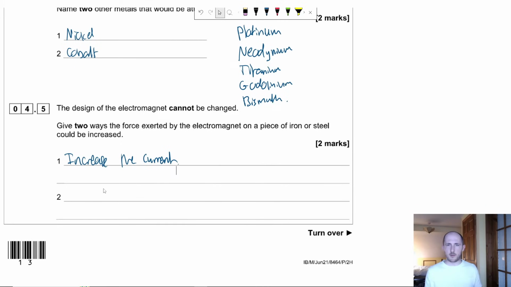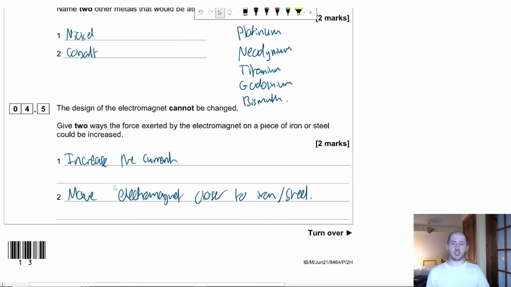So this probably makes sense now. If you ever thought about using a magnet, it doesn't attract everything from everywhere. You have to bring it closer and closer until the object starts to move towards it, right? Because with distance, the force gets weaker. So simply move the electromagnet closer to the iron or steel.